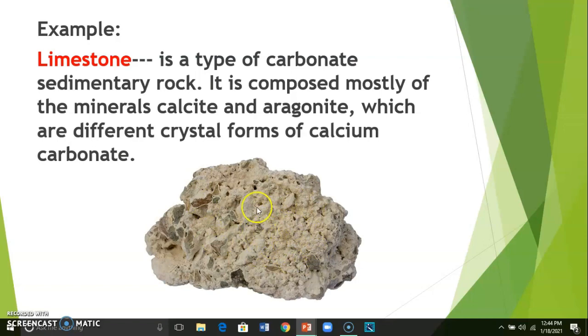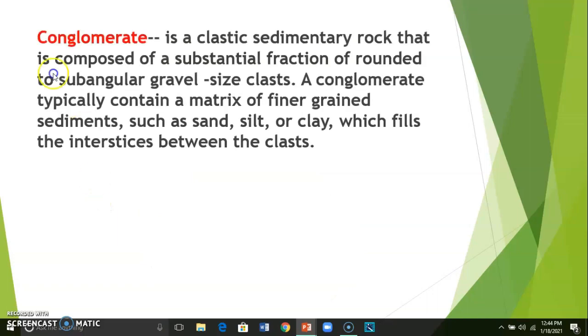Okay, so this is now the picture of a limestone. So I know you saw this one in your surroundings. Next is the conglomerate. Conglomerate, okay, we will read it again together. Conglomerate is a clastic sedimentary rock that is composed of a substantial fraction of rounded to subangular gravel or gravel size clast.